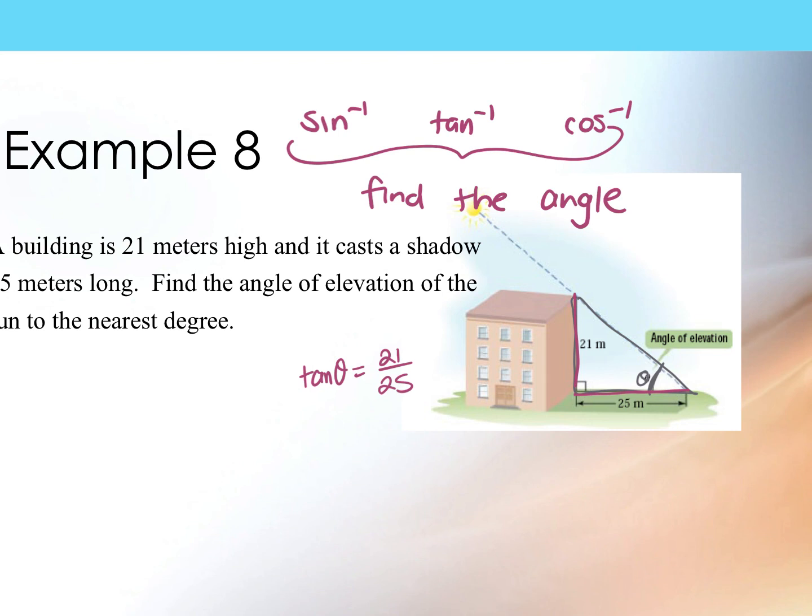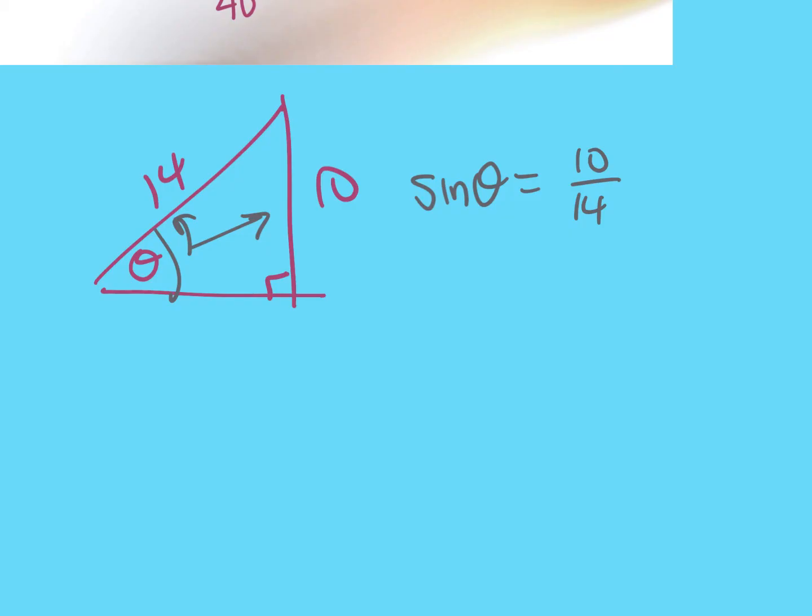So if I give you the value of the trig function, which this is, then to find the angle, I'm going to do tangent -1 of, and I don't change the order, it stays as 21 over 25. So second tangent 21 divided by 25, and theta is 40.03 degrees.